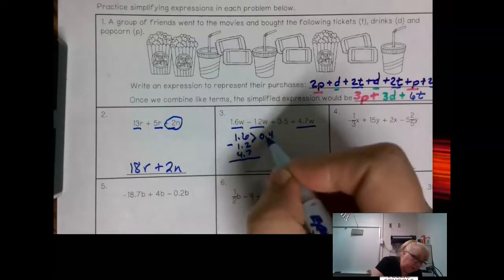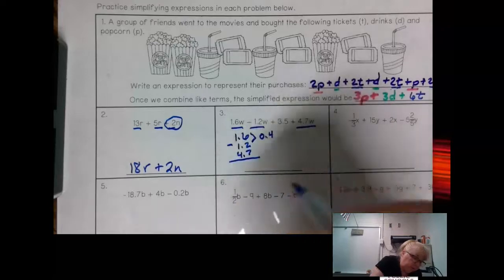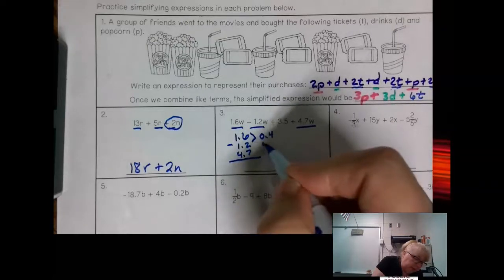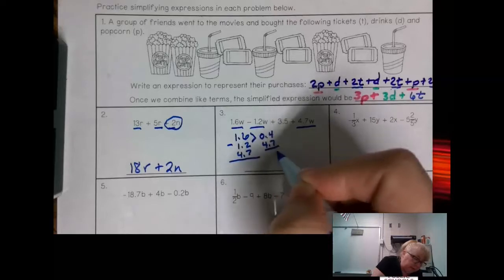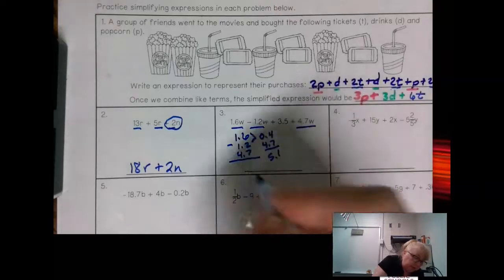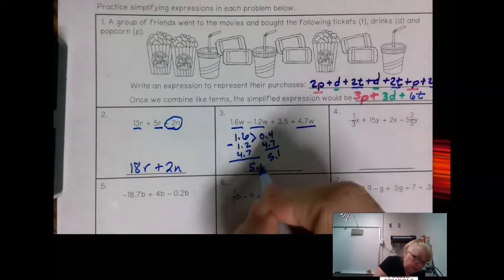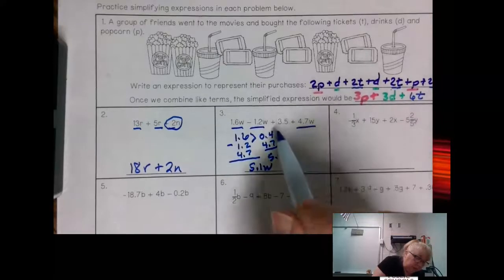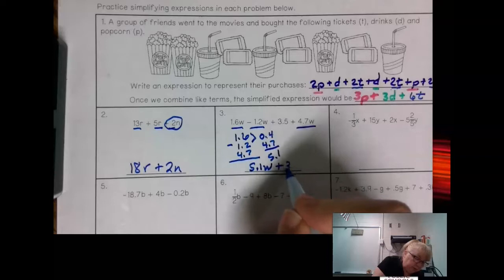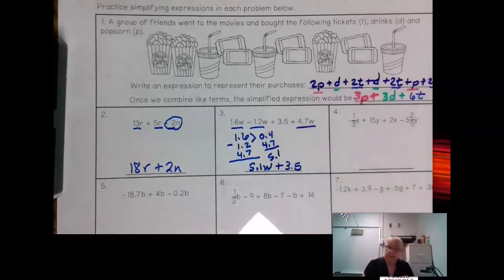We have to bring our decimal. 1 minus 1 is 0. Then we're going to add to that the 4.7. So we have 5.1. So we have 5.1w, and then the only thing left here is that 3.5, so plus 3.5, and we're done.